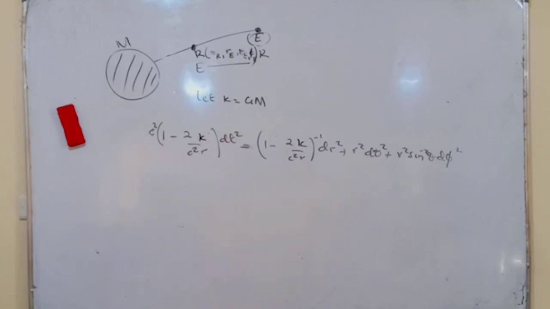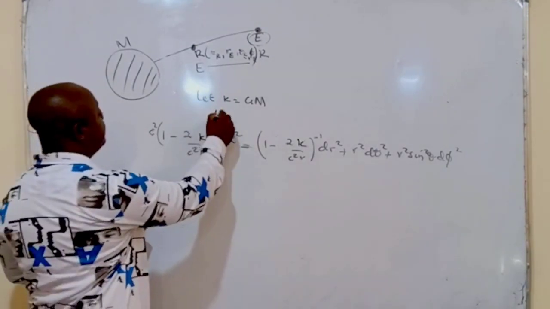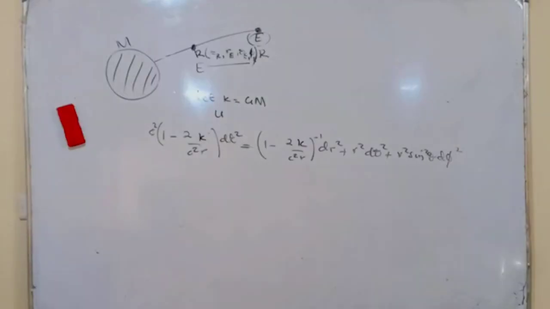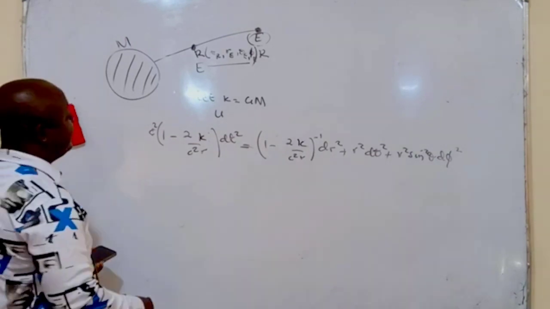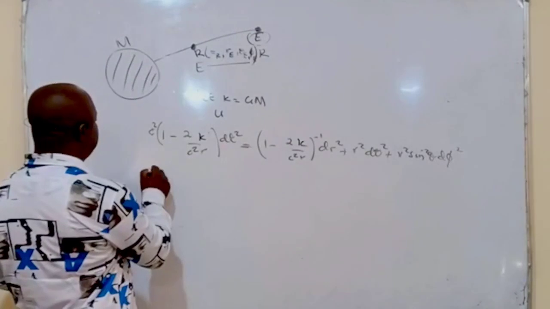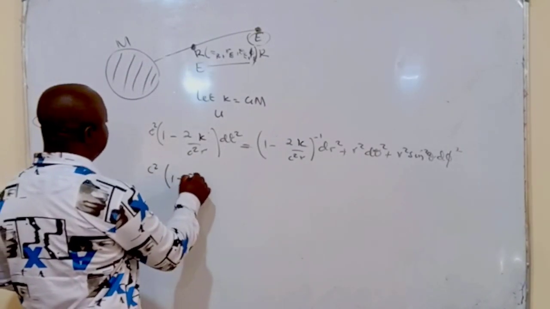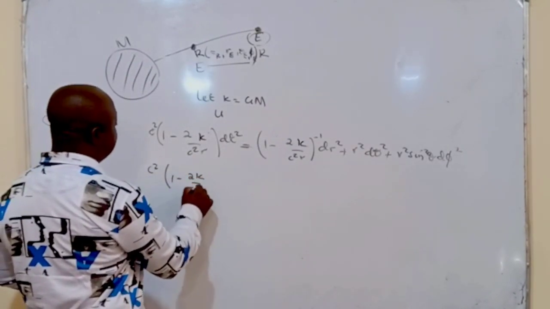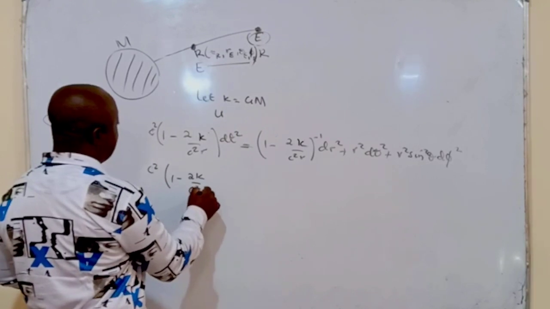And secondly, I want to introduce a parameter u that I can use to monitor the motion of the body. If I have that parameter u, I can decide to write this equation as c squared (1 minus 2k over c squared r).